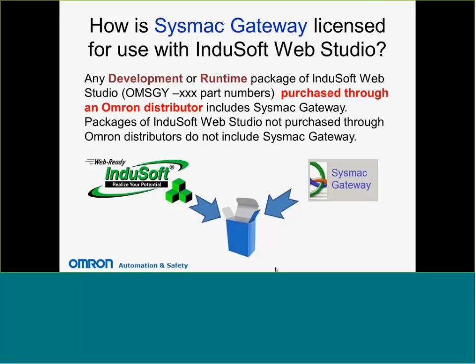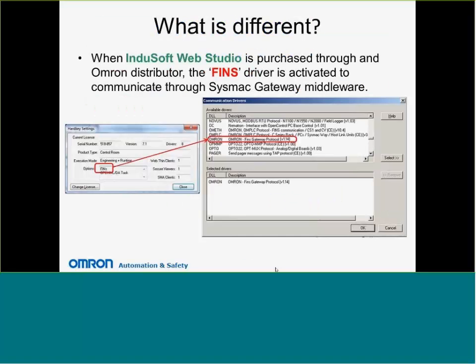And when you're looking at the Omron nomenclatures for part numbers, these are the OMSGY part numbers. That's the prefix for Omron SYSMAC Gateway, and that's the InduSoft product. So what's different when you purchase through Omron? When you're purchasing InduSoft Web Studio through Omron, you get what we call the FINS or the Omron driver enabled.